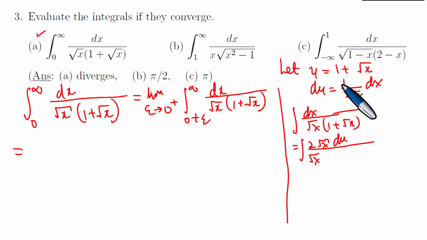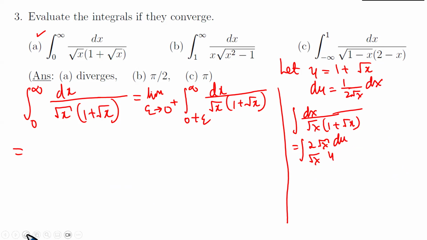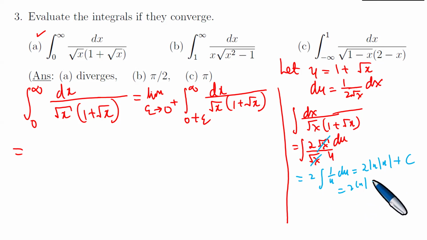Then the square root of x, and this one is u. Okay. And if you check, it is clear at this point that this one cancels, giving us 2 times the integral of 1 over u du. And this is 2 the ln of 1 plus the square root of x, plus c.